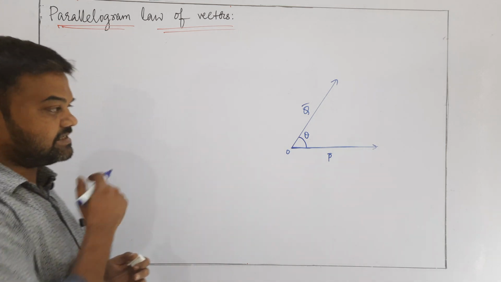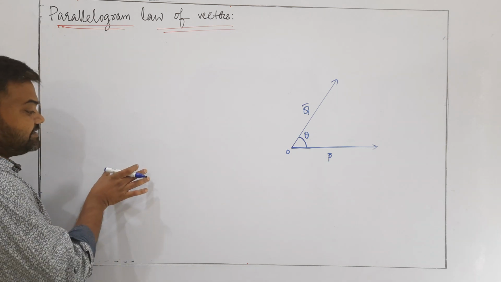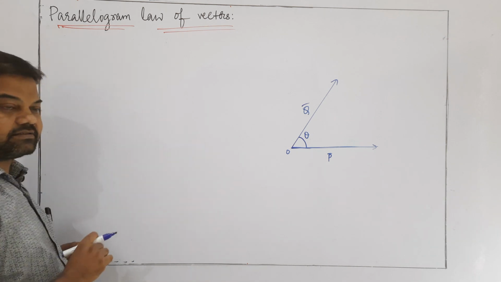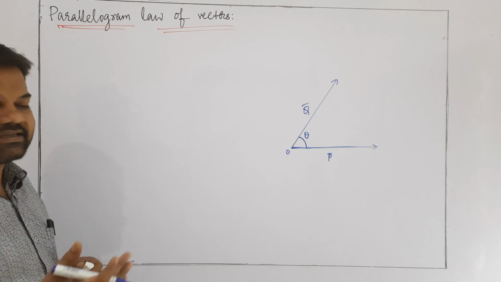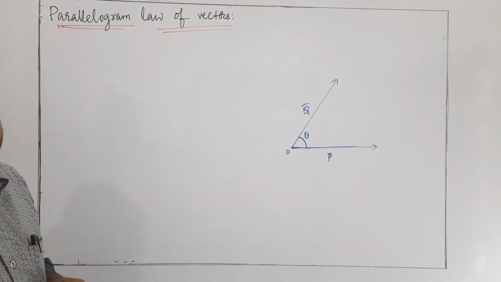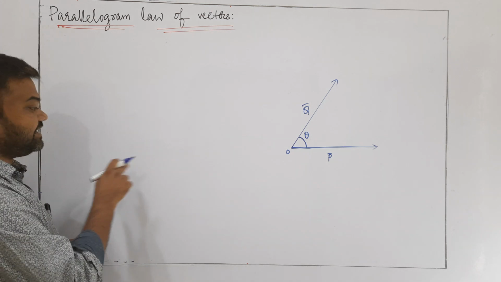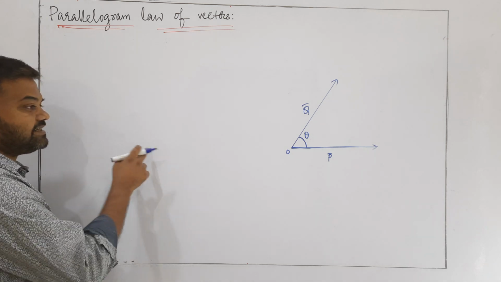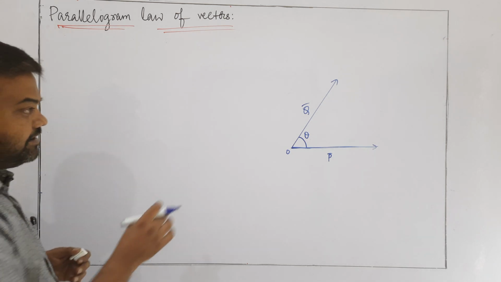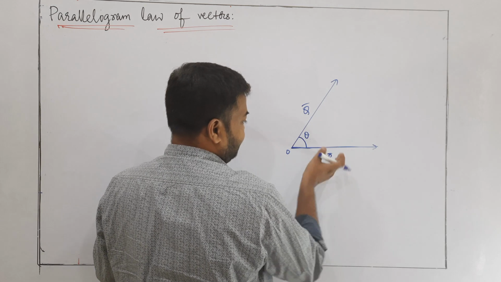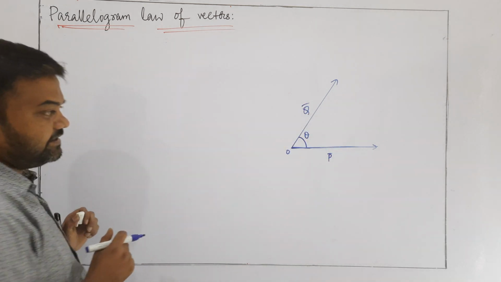In the previous case, we saw that 3 meters east and 4 meters north give 5 meters as the resultant, but here it is not possible like this, because in the previous case the angle between the two is 90 degrees. But here, other than 90, when two vectors are acting at one point, what should the resultant be?